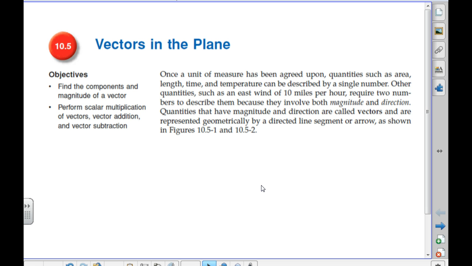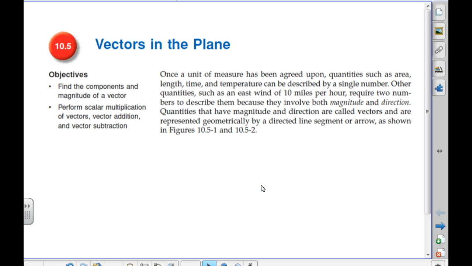So you could say I'm going to drive 50 miles east, okay? Or the ship is traveling at 12 knots, 30 degrees off of north, or whatever. It's something that has both a direction and a magnitude, and magnitude doesn't just mean distance, okay?